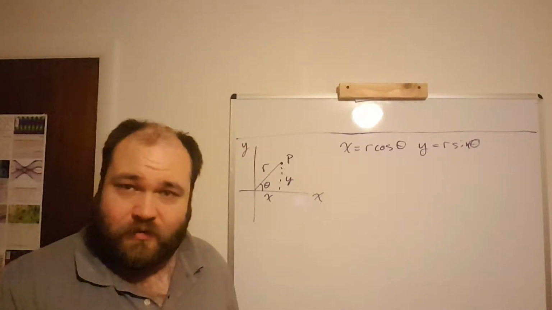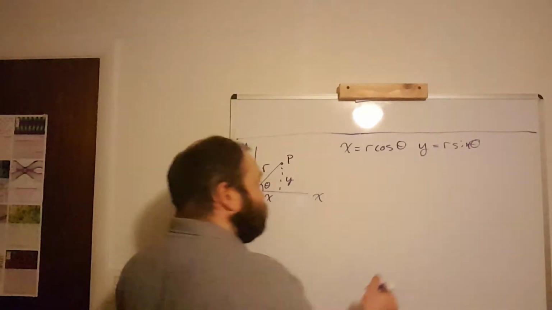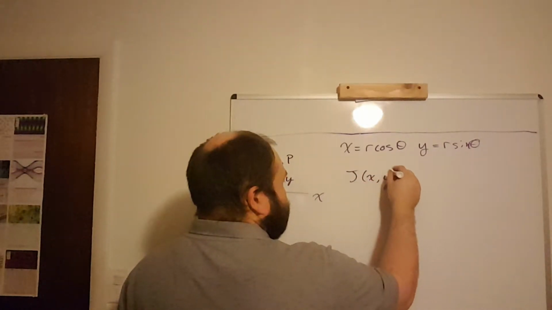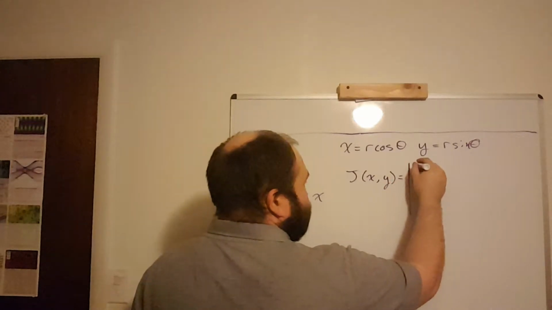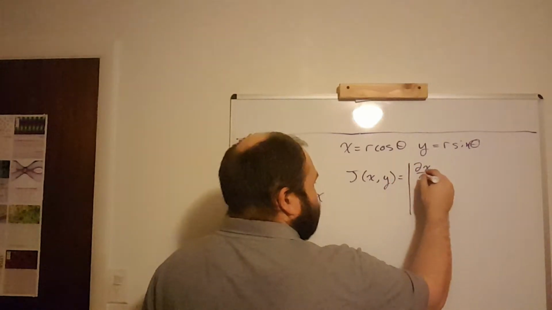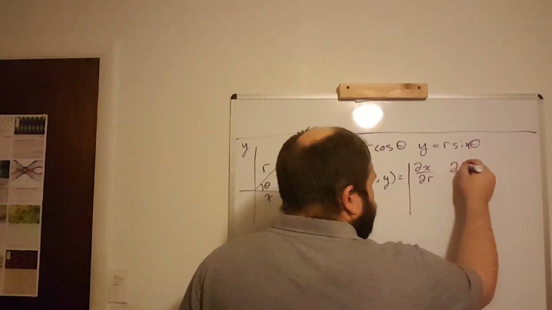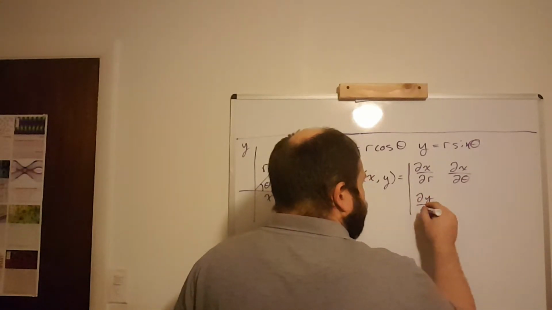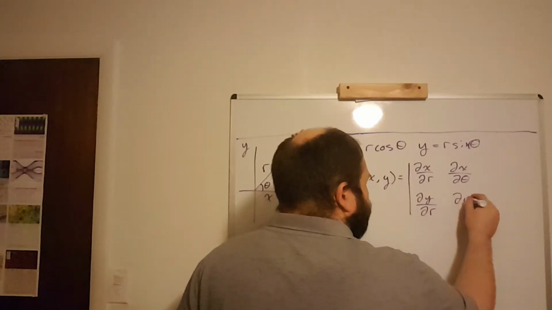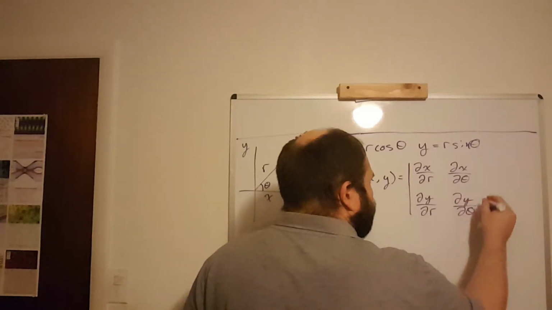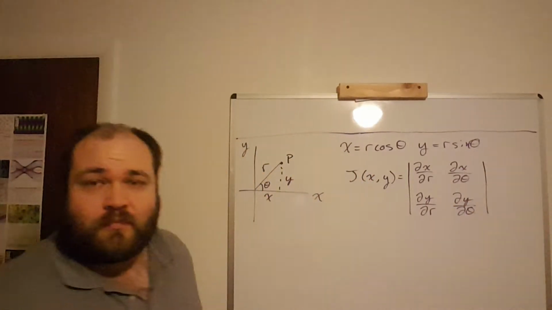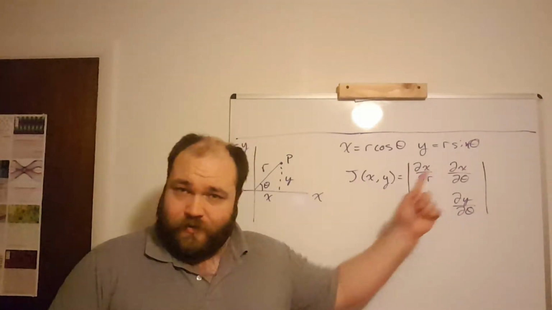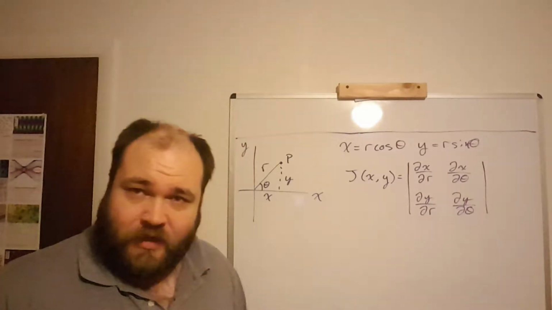We can start to construct the Jacobian. And here's the definition of the Jacobian. It's just the determinant of all the different partial derivatives that are possible that are first order.